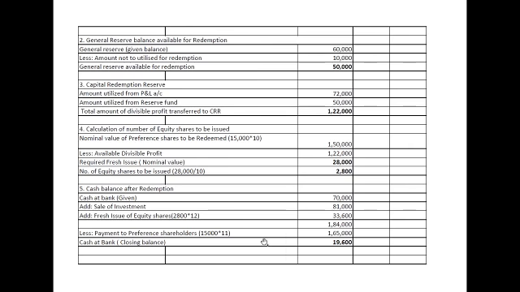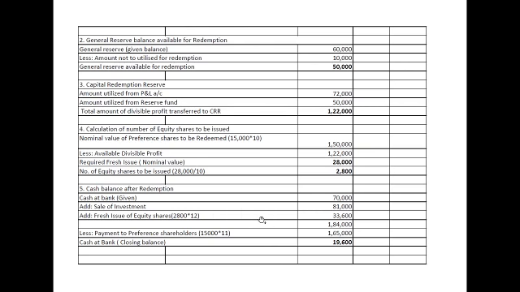So 70,000 cash at bank is given in the problem before the redemption. Now, addition part: the first one, when there is a sale of investment, you have to add that 81,000. You will get proceeds from the sale of investment. It will be added back to the opening or given balance of cash at bank.